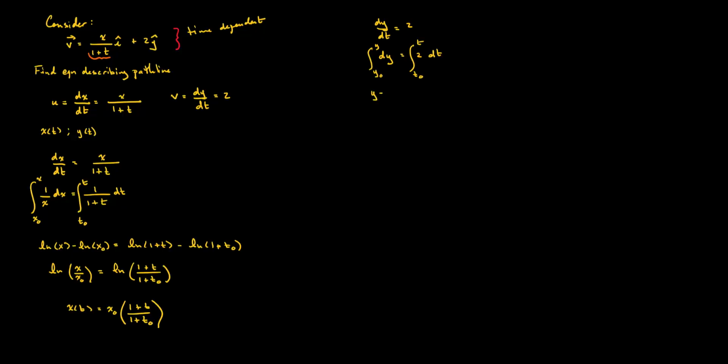So in this case, we're going to have y minus y naught is equal to 2 times t minus t naught, or y of t is equal to y naught plus 2 times t minus t naught.